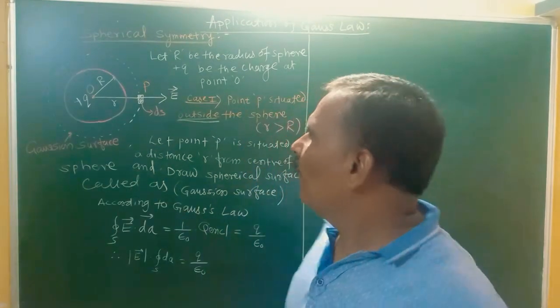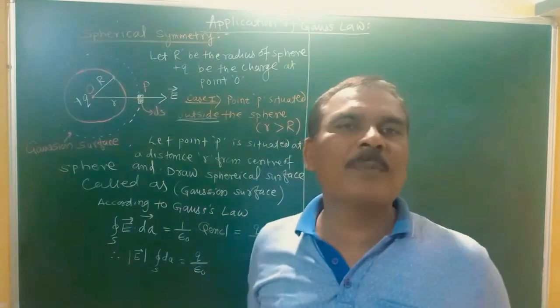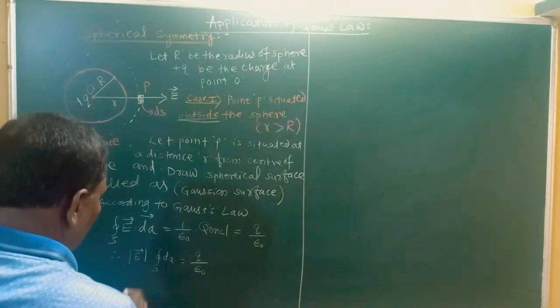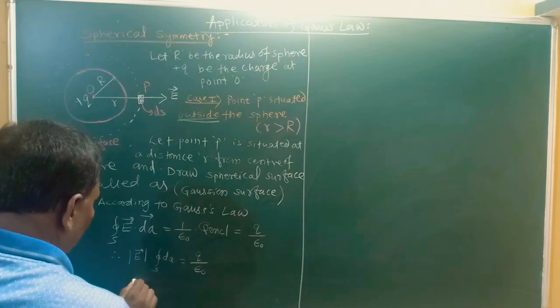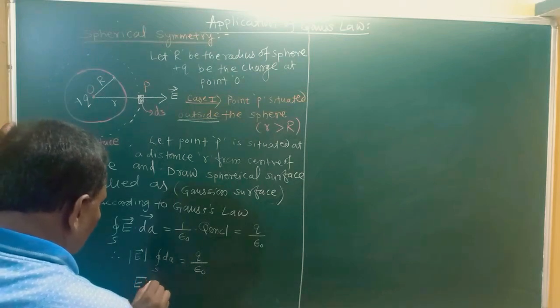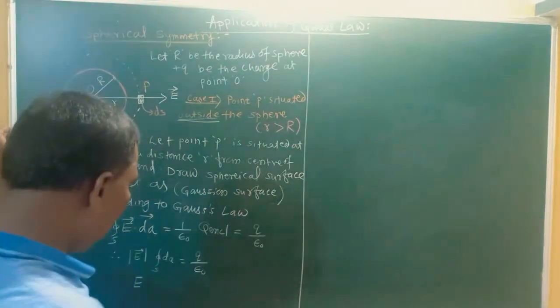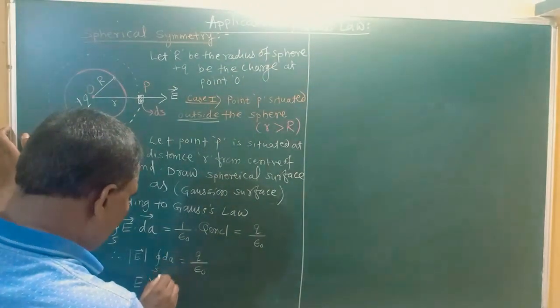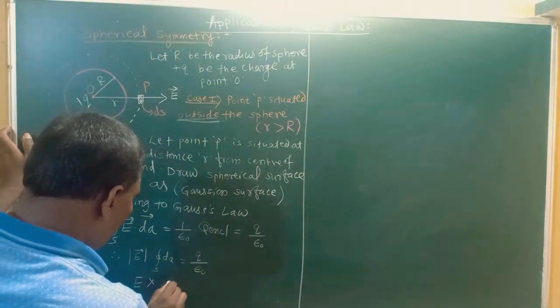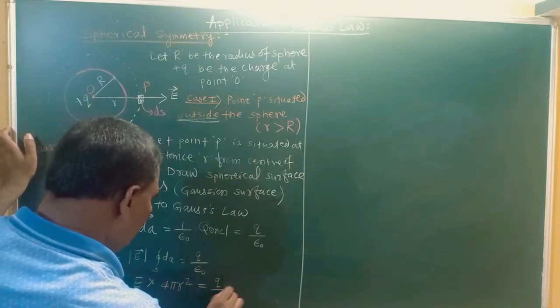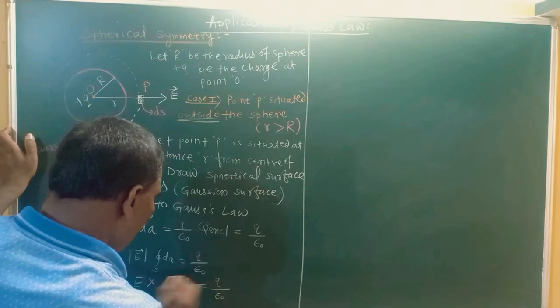So the surface integration of dA bar is 4 pi r square, and we get E, the magnitude of E bar, into 4 pi r square equals Q by epsilon naught.